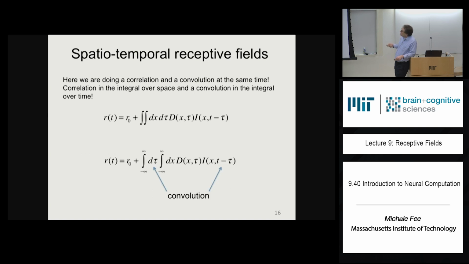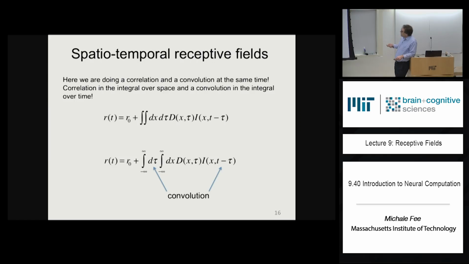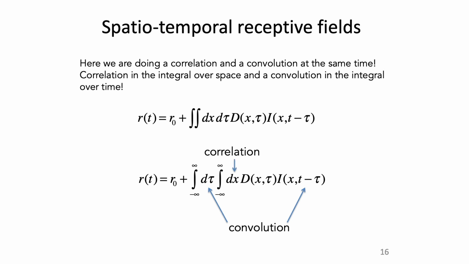All right, so there's the convolution, integrating over tau. What I've done is I've pulled out the d tau because I've just written this as two separate integrals. Okay? So we have an integral over tau that looks like a convolution, and we have an integral over x that looks like a correlation.